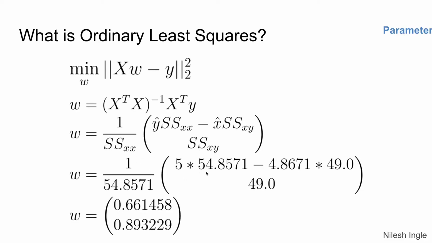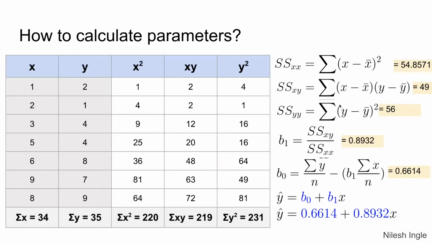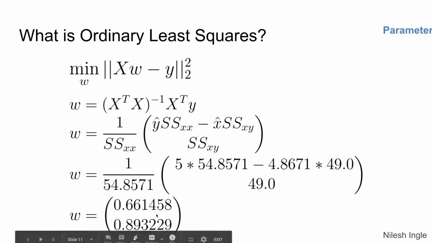And if we plug in the values from the previous slide in this one, we get exactly the same coefficients in the output. So we have w0, which is the first row, and then w1, which is the second row. So that's how we can use this equation right here to calculate.